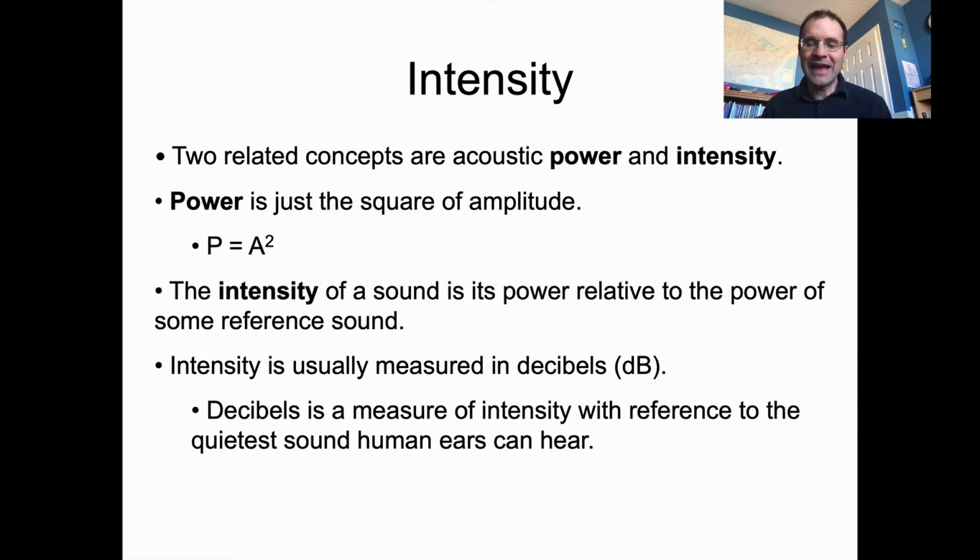It turns out that the quietest sound that human ears can hear is actually very quiet, especially if your hearing is still functioning properly. We're not going to care what specific characteristics that sound has. It has a very, very tiny pressure value, which I'm not going to specify because you don't need to know it. Just keep in mind that it's a very, very quiet sound.